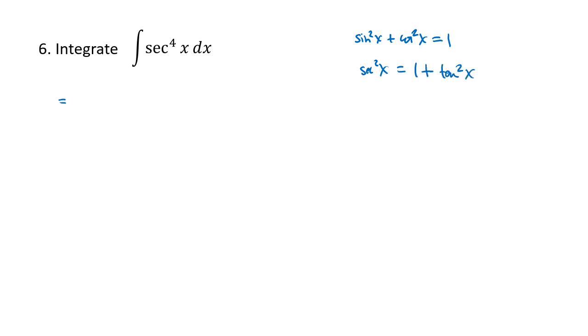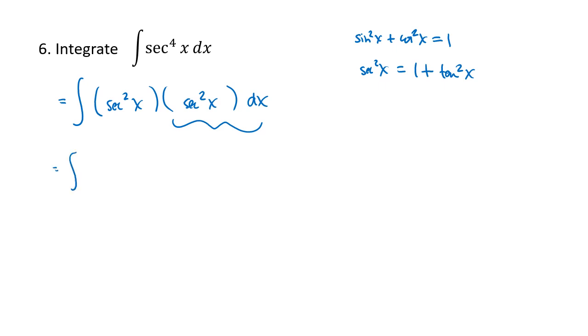But what this lets us do is separate out a secant squared. So we've got secant squared of x times secant squared of x. This secant squared of x times dx, that's going to end up being my du. And the first secant squared of x, I'm going to rewrite as 1 plus tangent squared of x.